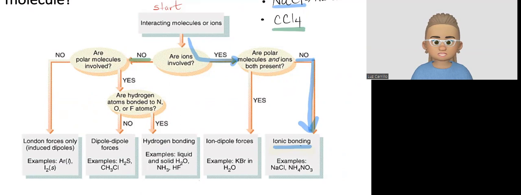Carbon tetrachloride is not a polar molecule, so we have to go towards here. And as you can see, this leads us to understand that in carbon tetrachloride, what is present is London forces. London forces is another word that can be utilized for dispersion forces.